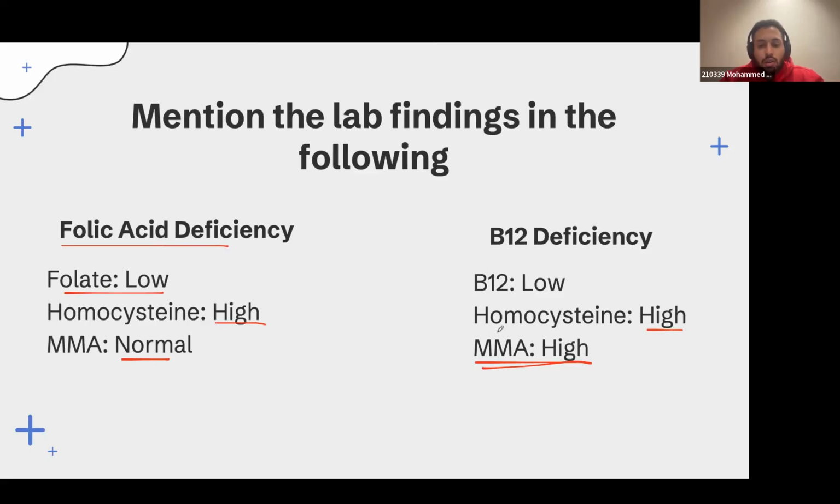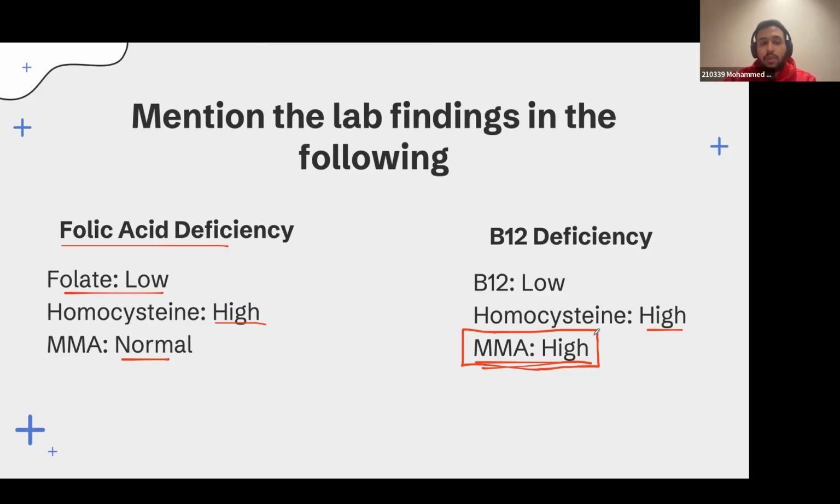Now, because of MMA, what specific symptom will a B12 deficiency patient have? Excellent, perfect. Neurological symptoms, or the specific disease is subacute combined degeneration of the spinal cord. Okay, SCD. Perfect.